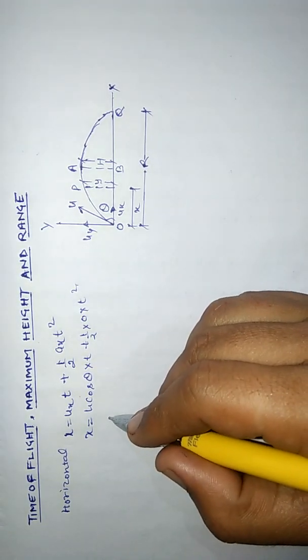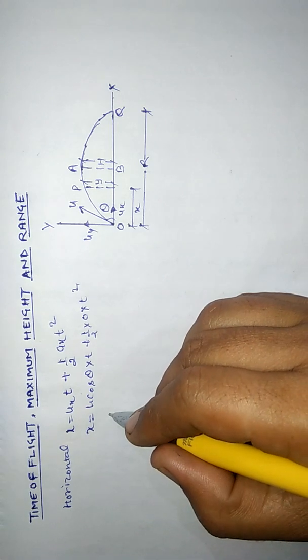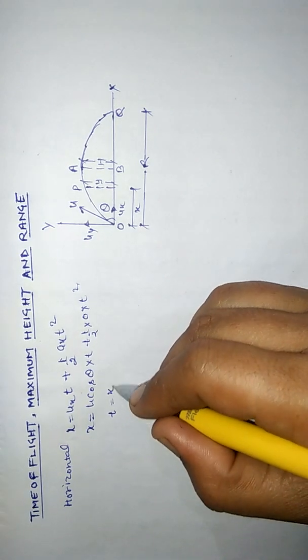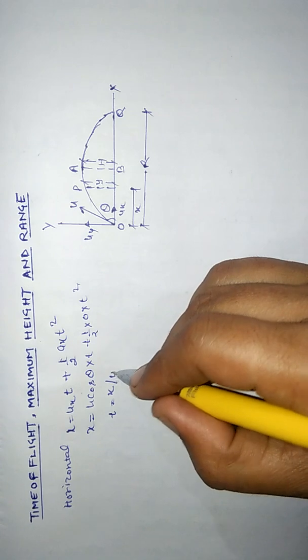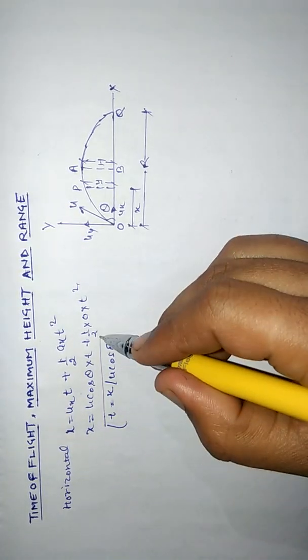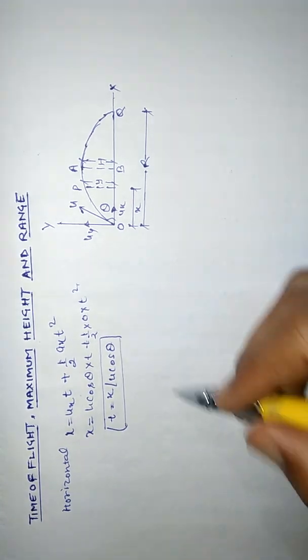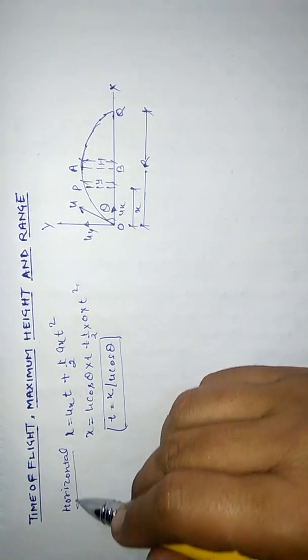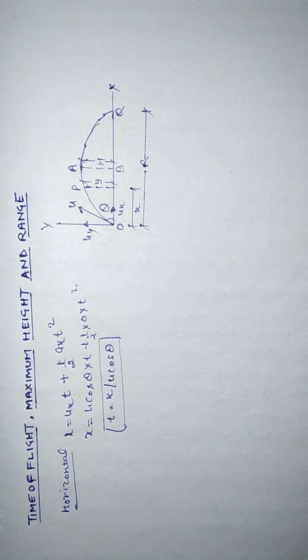So from here we have obtained t is equal to x upon u cos theta. This is for the motion along horizontal.